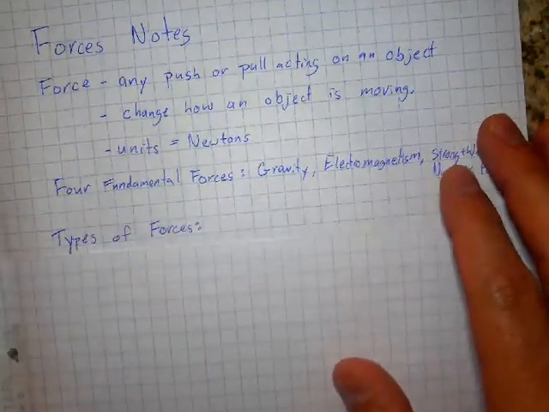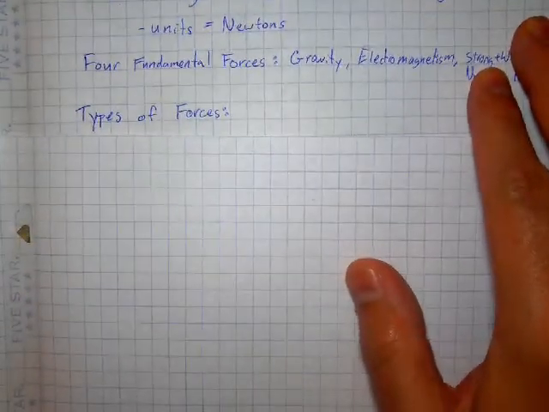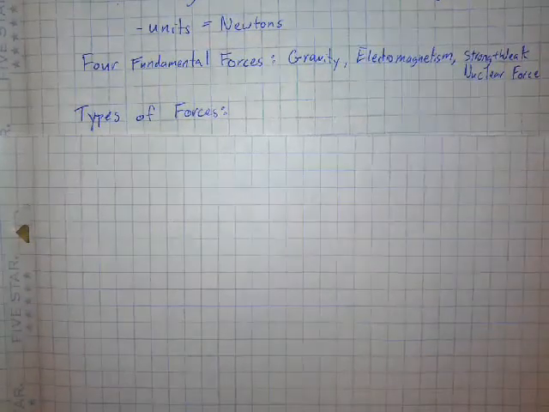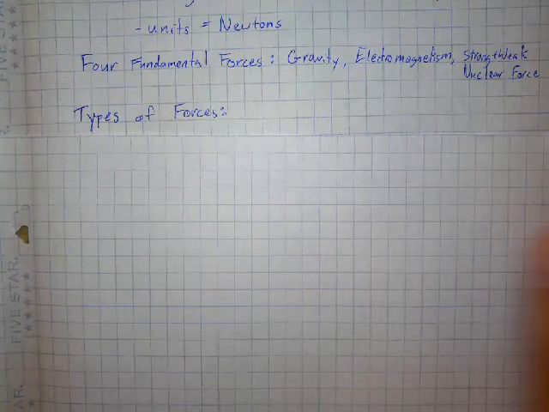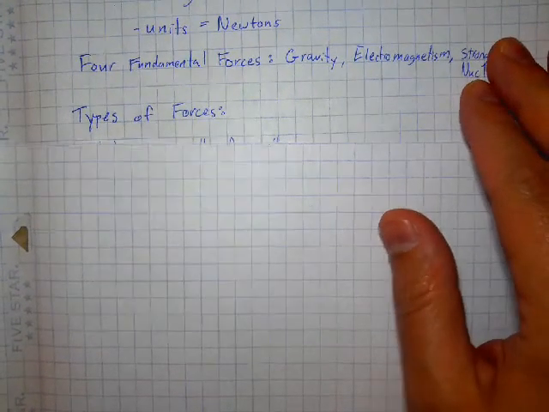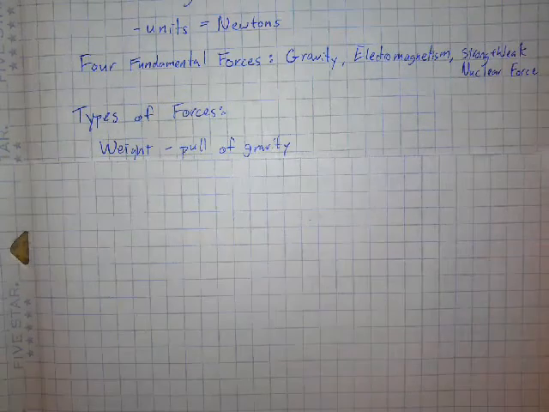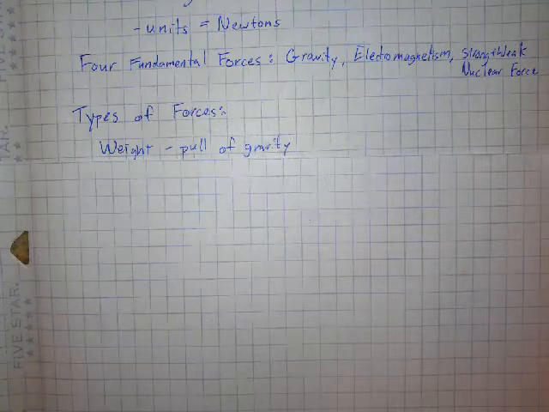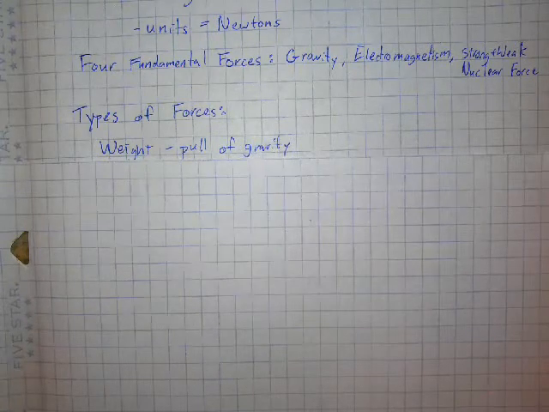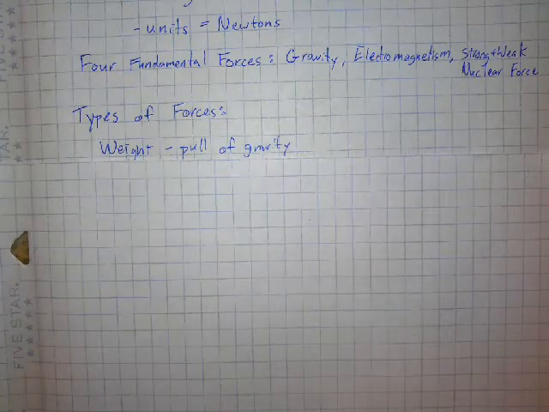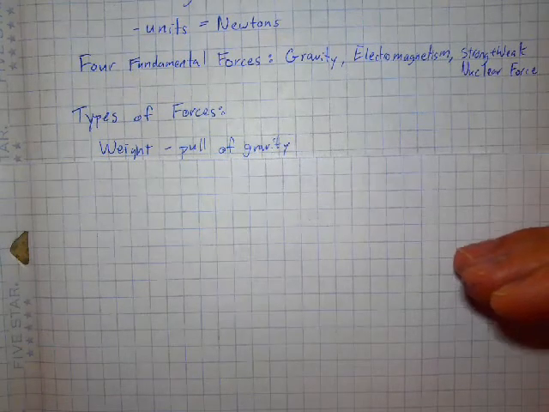Now, when we talk about types of forces that we're going to run into in our day-to-day lives, we've got a couple here that are going to be pretty obvious. So we've got weight. Weight is the downward pull of gravity. Any object near anything that has an appreciable mass is going to feel a weight, right?